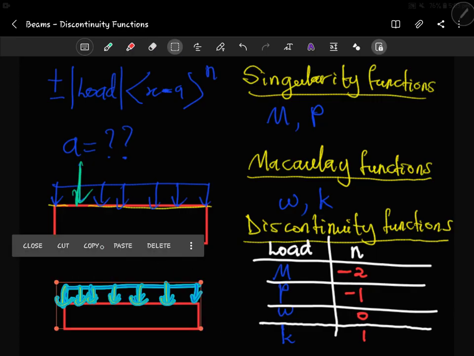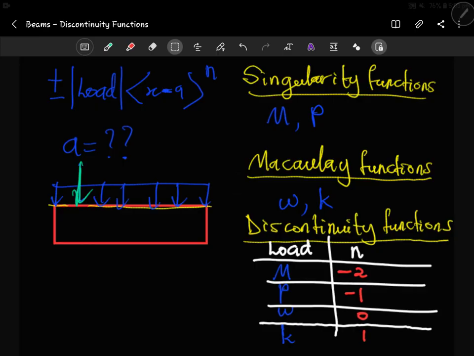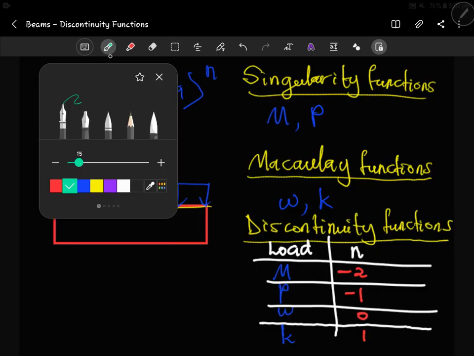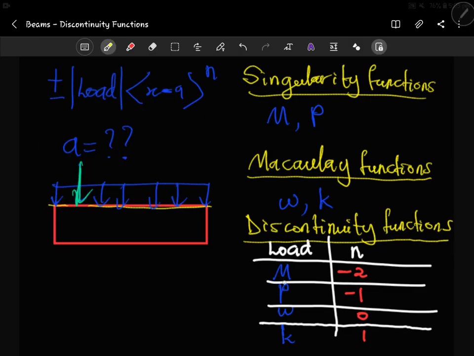Discontinuity functions. One thing about them is that we usually combine two functions to describe the whole thing. But the basic thing, the possible loads that we could have in a beam, are these, right?